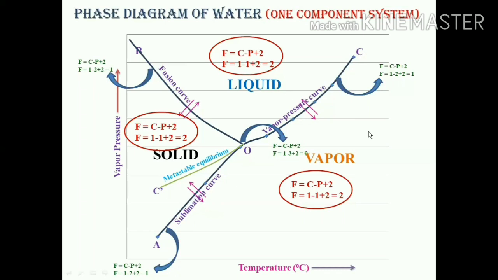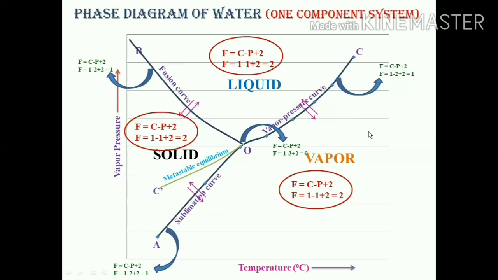So what do we gain from here? We gain that the value of the number of degrees of freedom, or the value of F, is the same in all the areas, which is 2. Hence, the areas are bivariant. They represent the bivariant system. Along the curves, it is the same, which is 1. And at the triple point, it is 0.